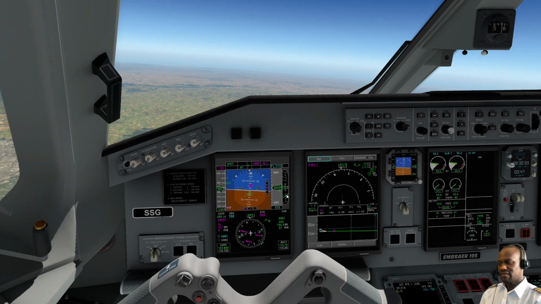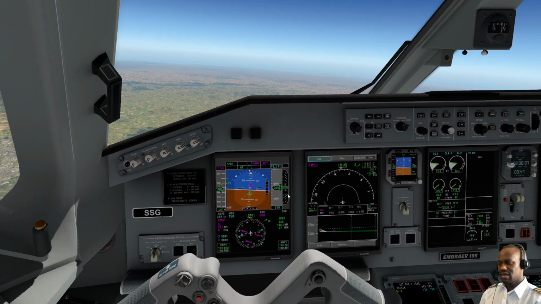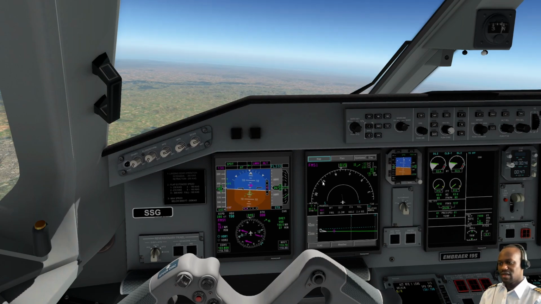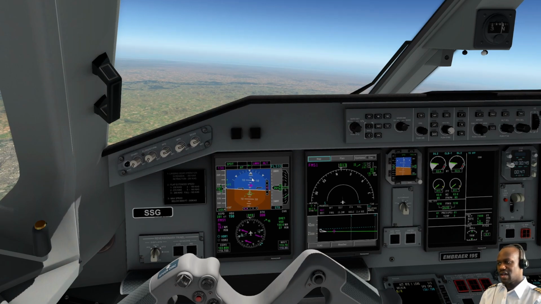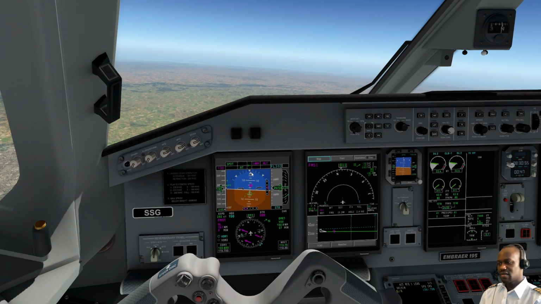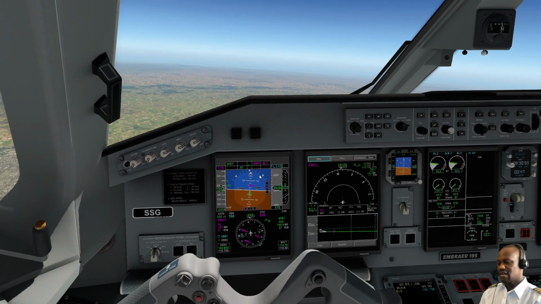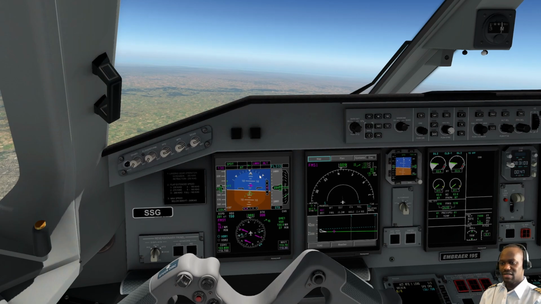You can see the rate of descent is approximately 1,900 feet, goes to about 2,000. So it's a shallow descent. There's also a shallow bank of about 2 or 3 degrees. The aircraft will just keep itself in the same status until we get to the ground.